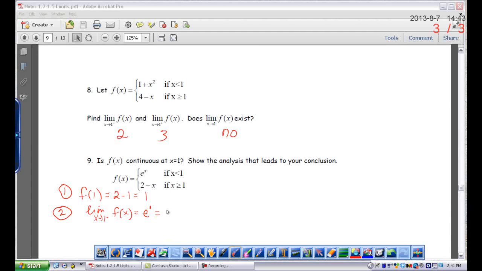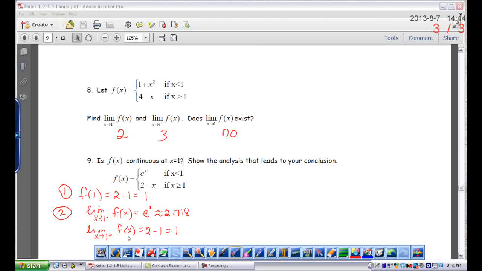And you may remember from pre-cal that that is approximately 2.718. And then the limit as x approaches 1 from the right side, I'm going to use the bottom equation. So that's going to equal 2 minus 1, which equals 1.